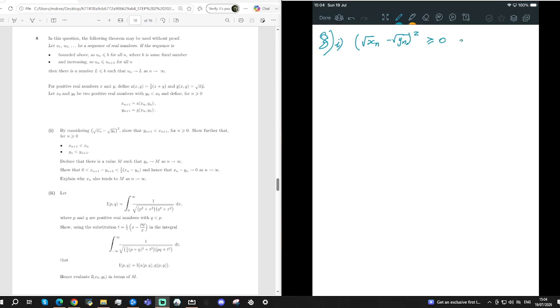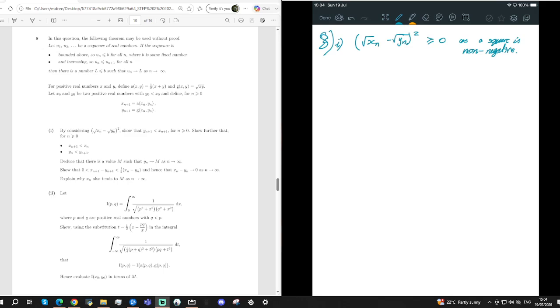So, as a square is non-negative. Now, the only thing I'm a little worried about here is the final answer is a strict inequality, whereas this is a less than or equal to, provided that xn is not equal to yn. Maybe I need to justify that in a moment.